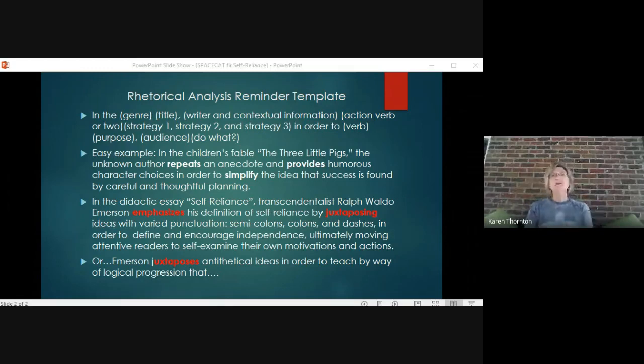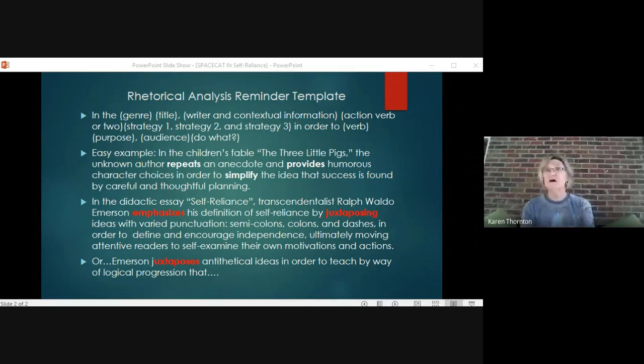And then when you get to the body of your essay, we're going to do that in another video, but remember, every paragraph is going to actually take a chunk of the essay that you read. So in the first body paragraph, we're going to talk about the beginning of the essay. What does he do in the beginning of the essay?